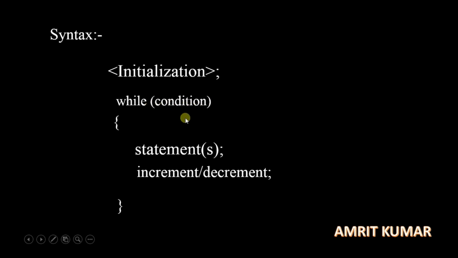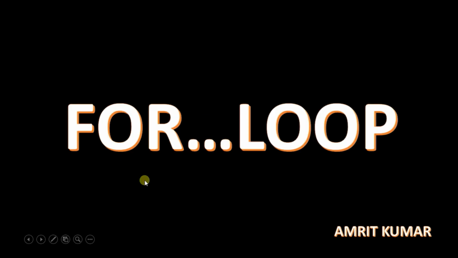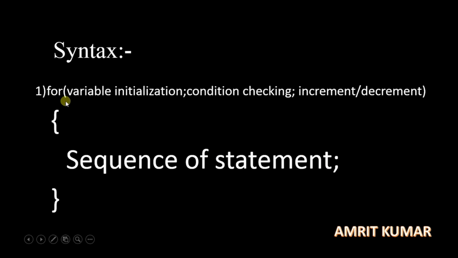If the condition is true, then this statement is going to be executed, and it is going to be executed till the given condition is false. And in the for loop, the syntax varies, but overall the work is the same for both, only the syntax varies.